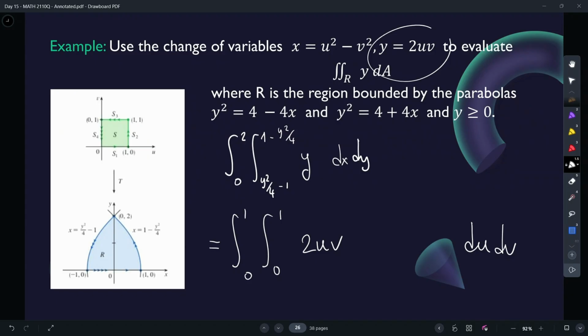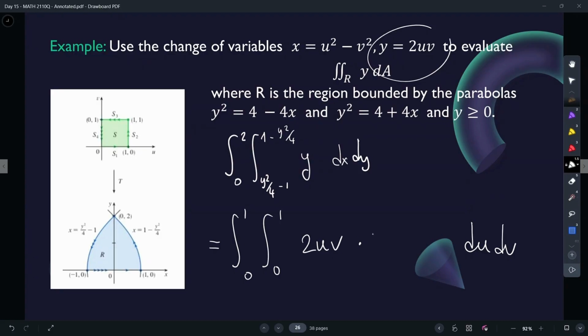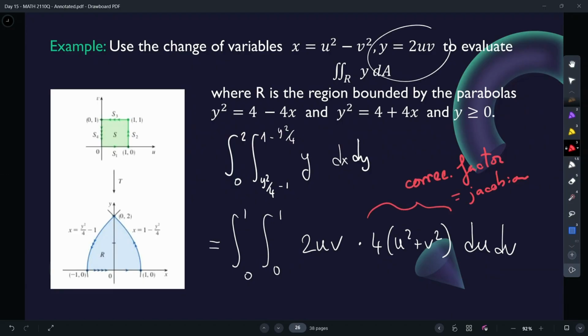And now I have to multiply by the Jacobian, which we just found is this function over here, 4 times u squared plus v squared. This is the correction factor. And now this is just a polynomial function in u and v, so it's not that complicated to integrate. And that gives me a result equal to 2.